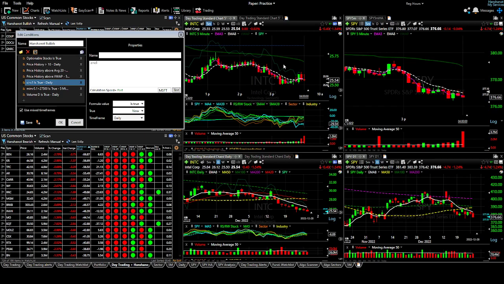Well, this close needs to be higher and this one needs to be lower. I have minimum volume in the last 5 candles at 27,500,000. I have the volume of 1 million on the last 5 days. That's on both. That doesn't change.